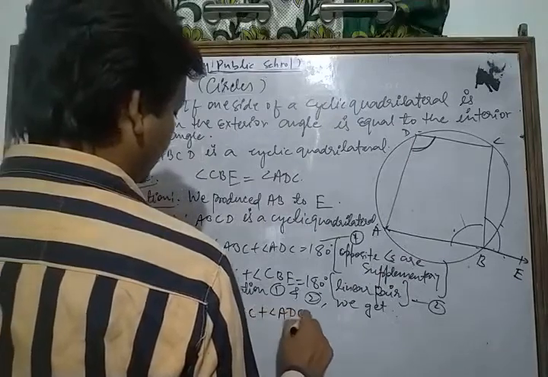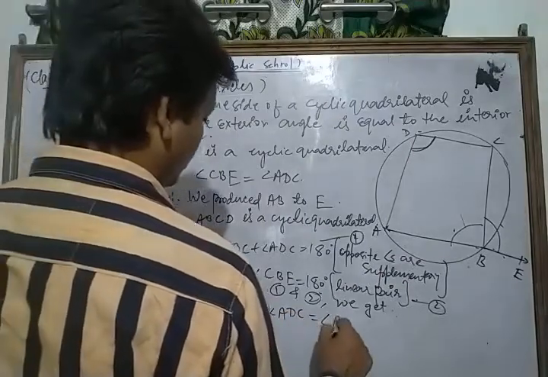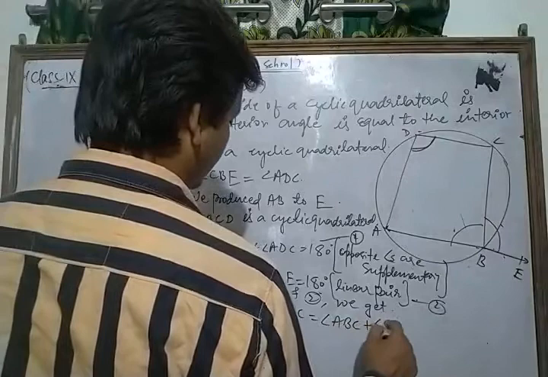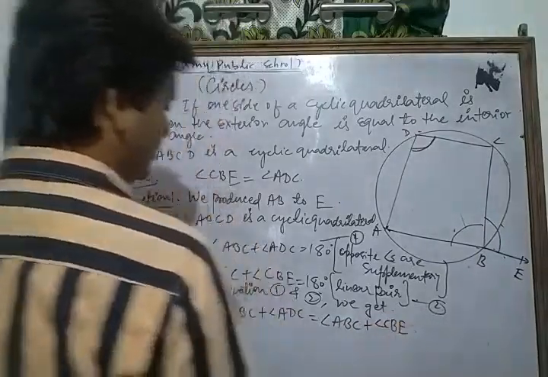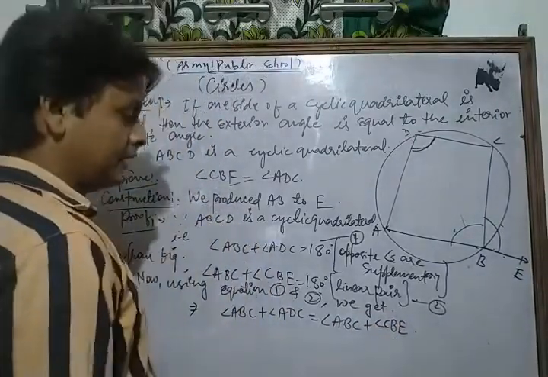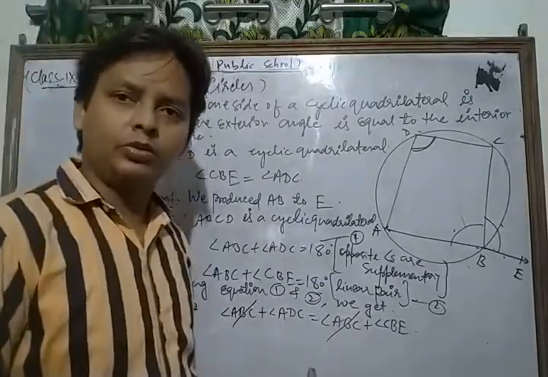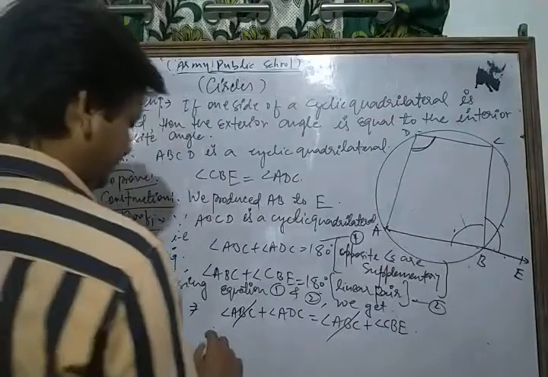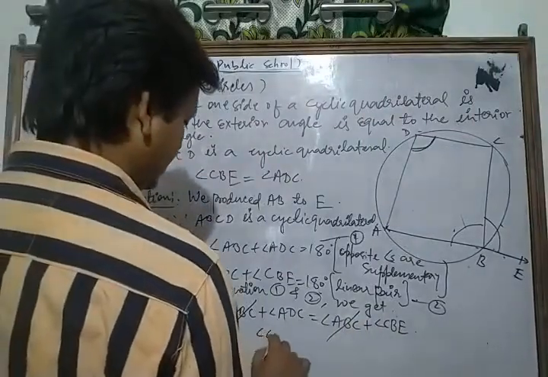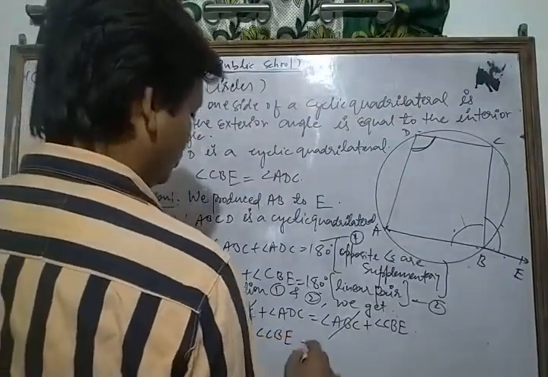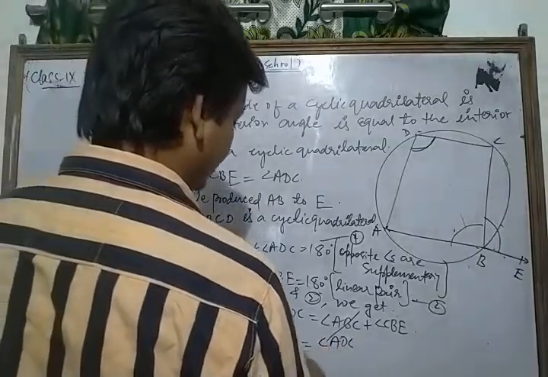Angle ABC plus angle ADC is equal to angle ABC plus angle CBE. Now look here, angle ABC cancels on both sides, so what we get is angle CBE is equal to angle ADC, hence proved.